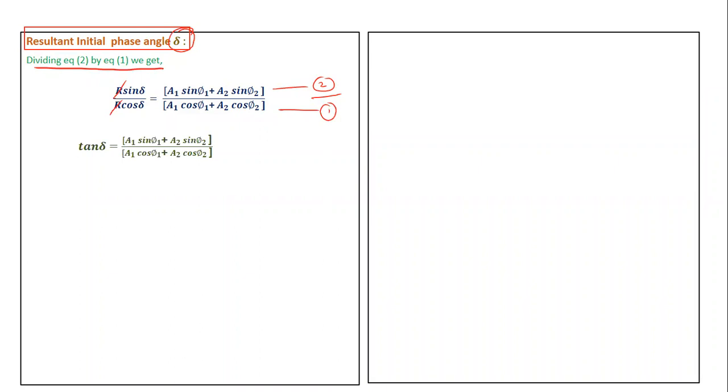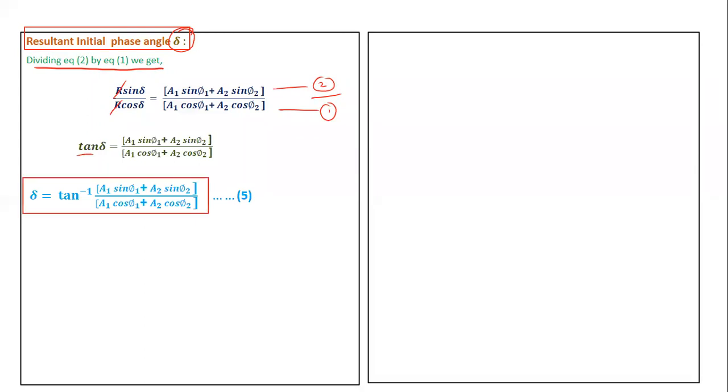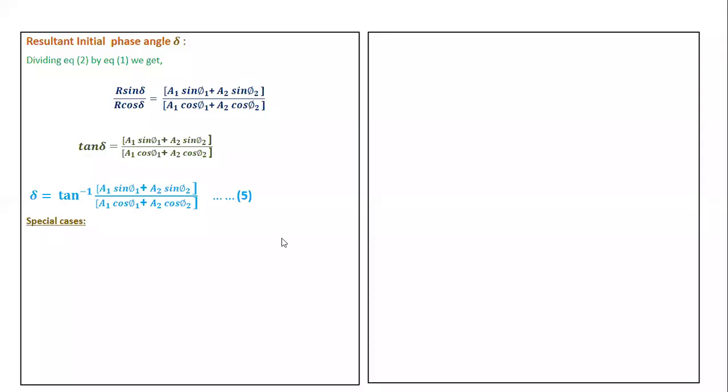So we transfer tan to this side. So we get delta is equal to tan inverse in a bracket a1 sin phi 1 plus a2 sin phi 2 divided by a1 cos phi 1 plus a2 cos phi 2. And this is the expression for resultant phase.